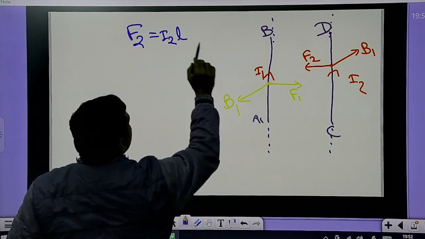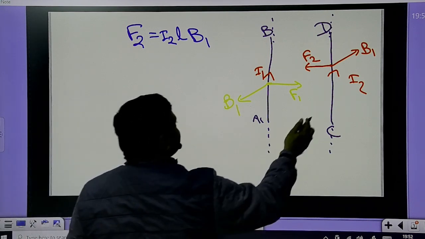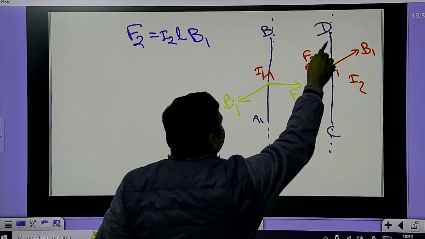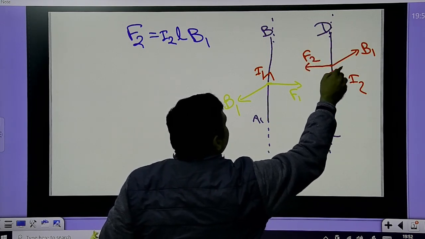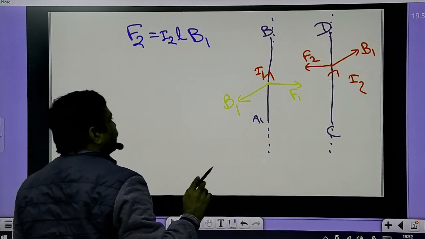Sin theta involves the angle between the magnetic field and the direction of the current. Here that is 90 degrees. So this will be I2 L B1.